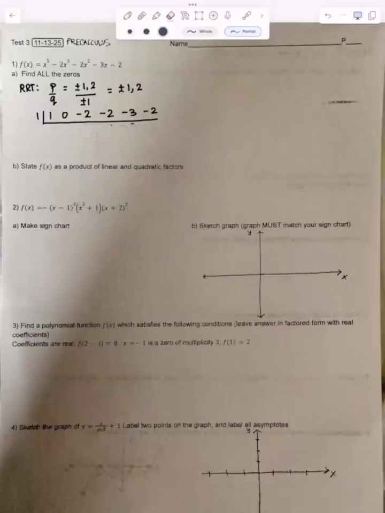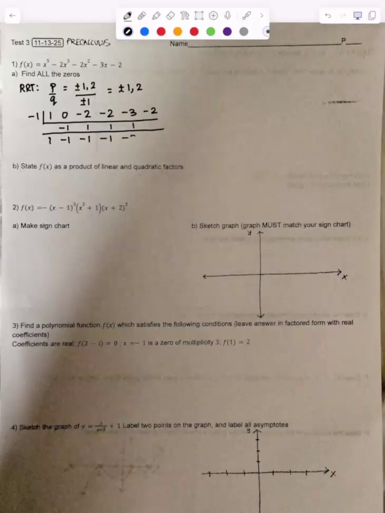Let's try -1. 1, -1, -1, 1, -1, 1, -1, 1, -2, 2, 0. Yay. -1 works, but we should always try it again to see if maybe it's a double root.